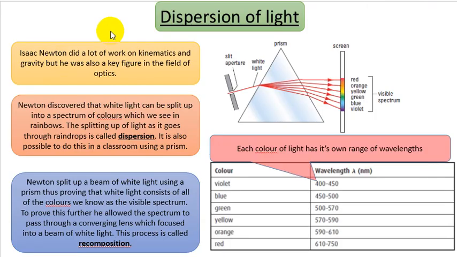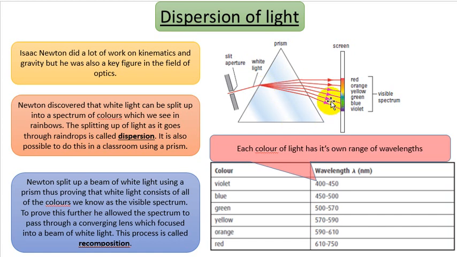Next, dispersion of the light. The basic colors were observed experimentally by Isaac Newton, guys. He did a lot of work on gravity. He also figured out some key points of optics, guys. He discovered that white light can split into different colors when it travels through, for example, this kind of prism, guys.